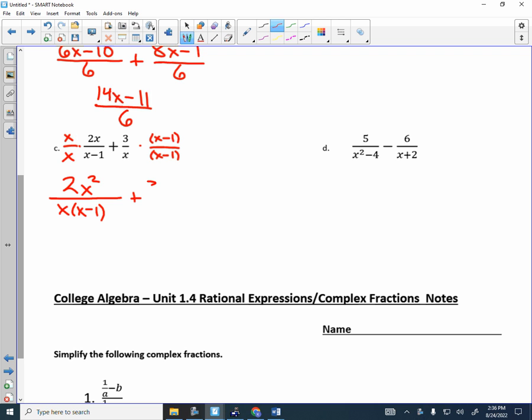And then we get 3x minus 3 over x times x minus 1. They now have common denominators. I can make the numerators one numerator: 2x squared plus 3x minus 3, all over x times x minus 1.